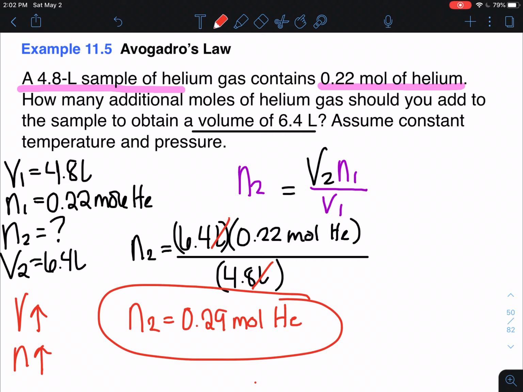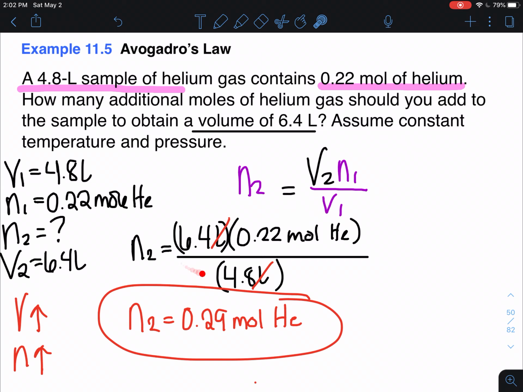All right. So again, same type of problem. Okay, Avogadro's law. What you need to remember is what this actually means. That is, volume goes up, number of moles should also go up. And so before you plug everything in, you want to make sure, first of all, that you arrange your equation appropriately to solve for the right variable.